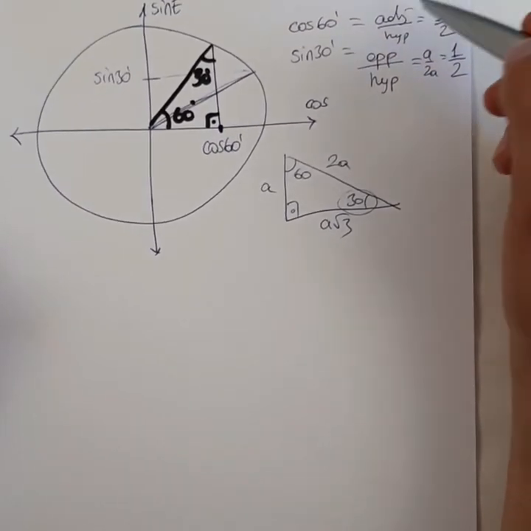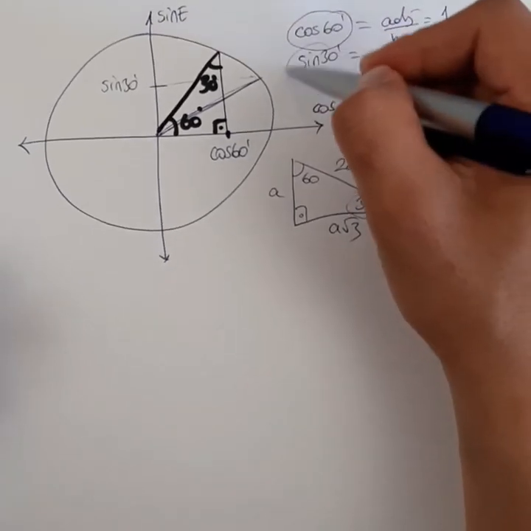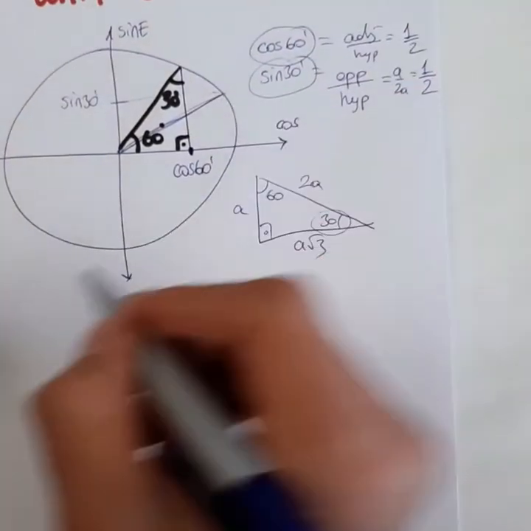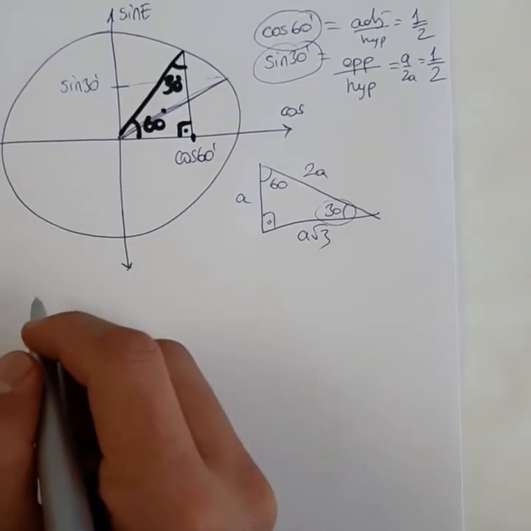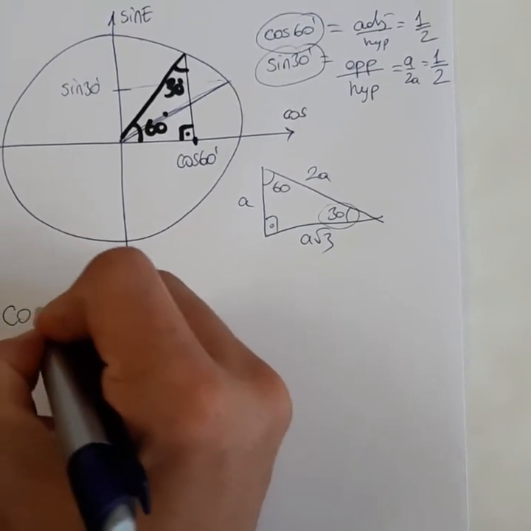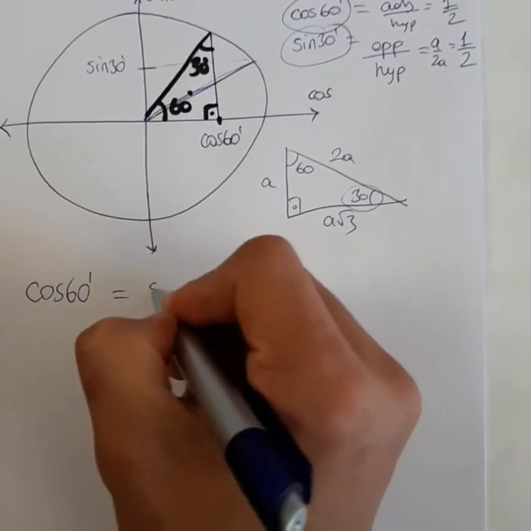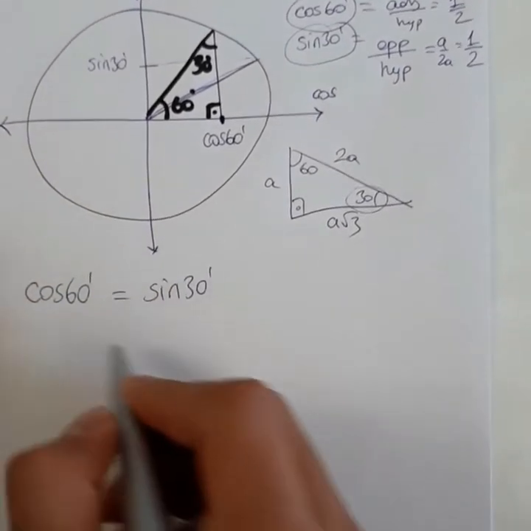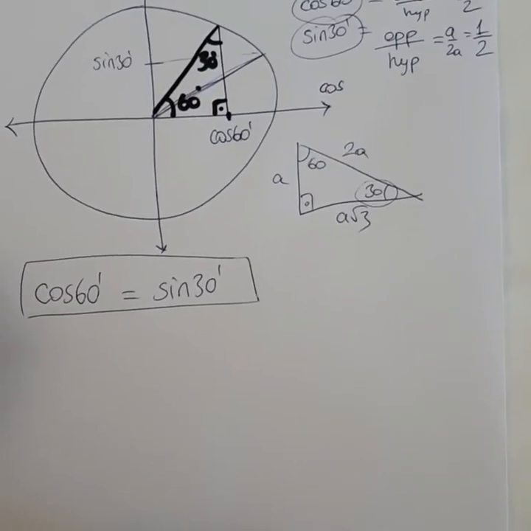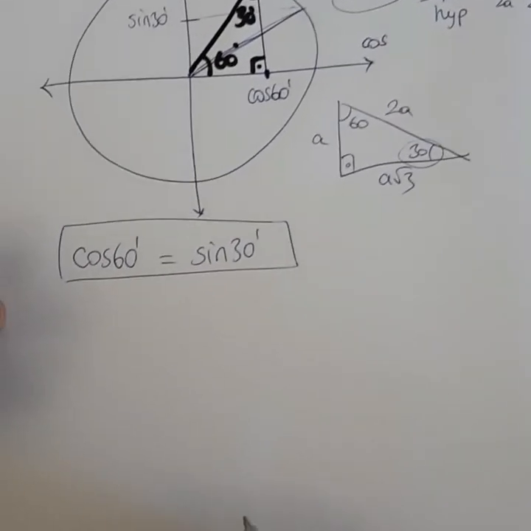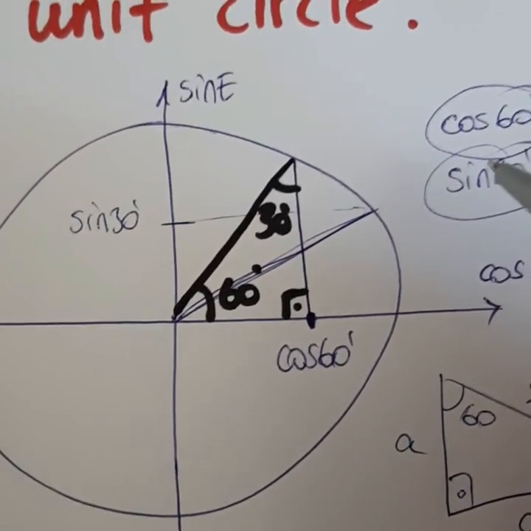So guys, as you see, cosine 60 and sine 30 are equal. I want to show you the equivalence of these two ratios, cosine 60 degrees and sine of 30 degrees. They are equal.